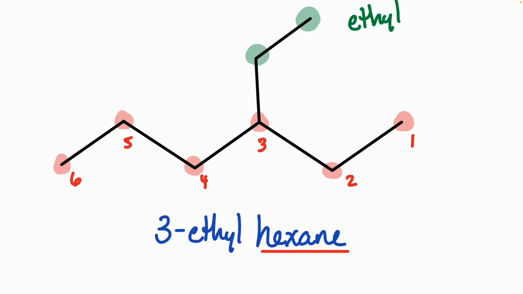Again, we'll run it all together, all one word. 3 is our locant, our location of that ethyl group attached to our hexane parent chain. All right, cool. So let's do a few more examples here. I'm going to put down some structures. You're going to name them for me.